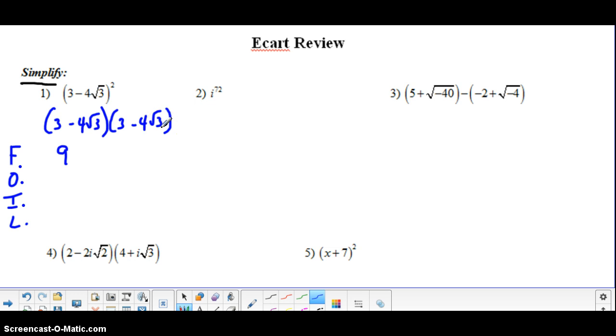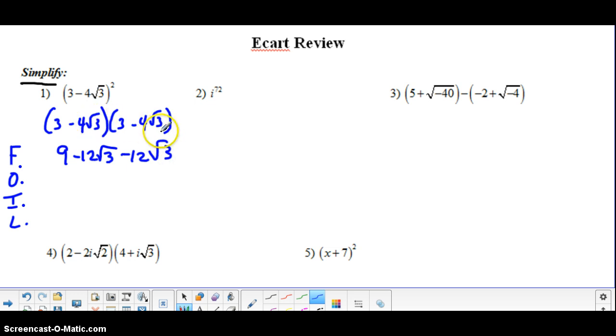With radicals, we multiply the coefficients and the radicand. So negative 4 times 3 is negative 12, and there's only one radicand, so square root 3. Our insides are the same as the outside, so 3 times negative 4 would be negative 12, and then square root 3.